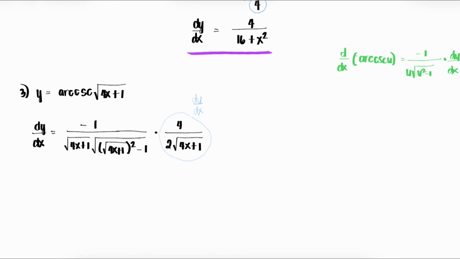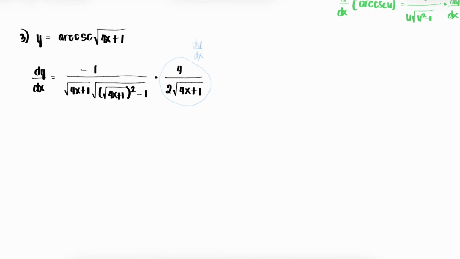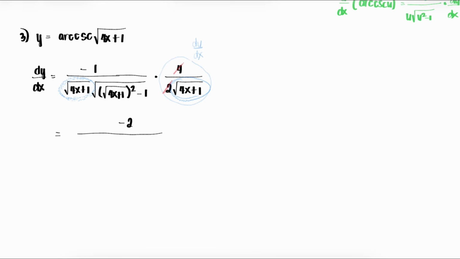Okay, so simplifying, we're done with differentiation, so we're now going to simplify our derivative. So you can cancel this so that you have 2 left in the numerator. So negative 2 divided by, and then we're going to be multiplying this and this.